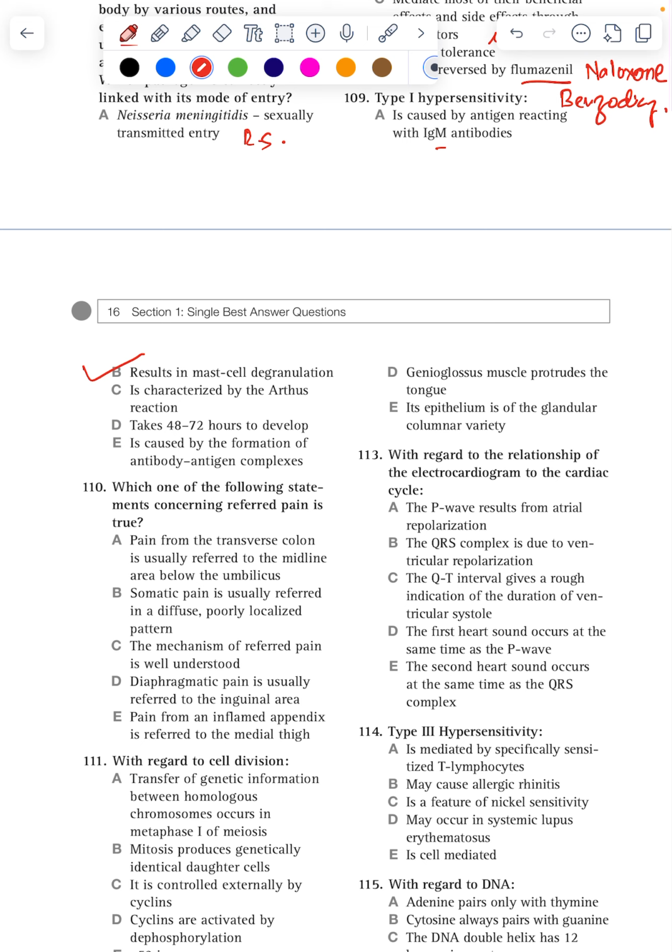Other somatic pain is usually referred as diffuse? It is actually poorly localized. The mechanism of referred pain is well understood? It is poorly understood. Diaphragmatic pain is usually referred to the inguinal area? It is the shoulder. Pain from inflammation referred to the medial thigh? Inflamed appendix is referred to the umbilicus, and is very well localized.